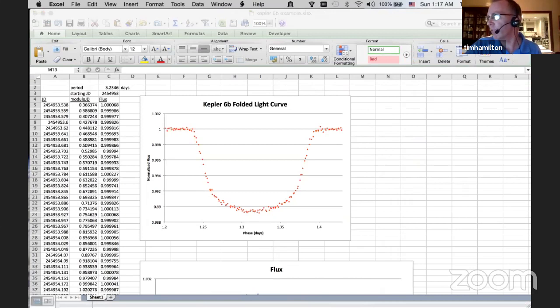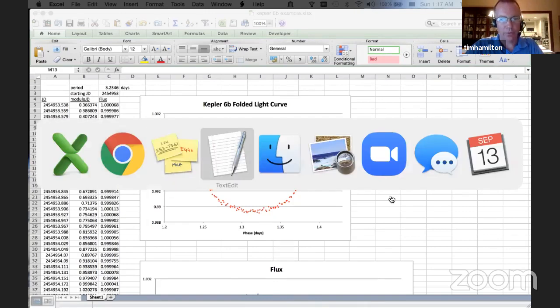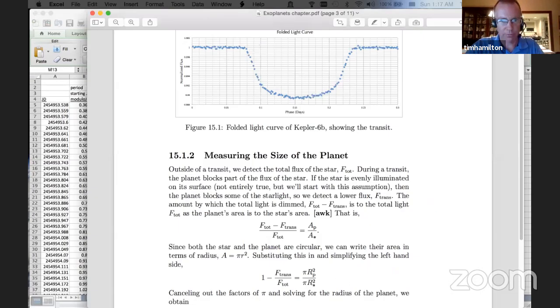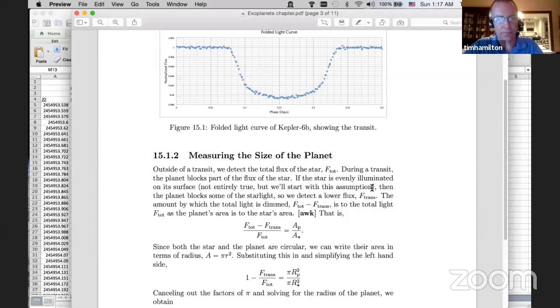I'll hold this off so that I'm looking at it, but you don't need to know it. You do not need to know it just yet. Okay, so what we can get next is if you take a look at the exoplanet guide that I have here.